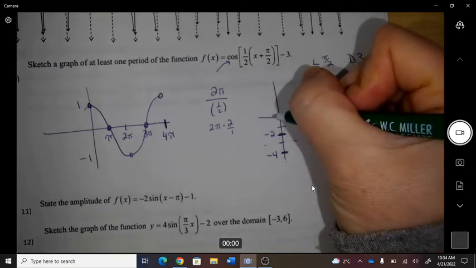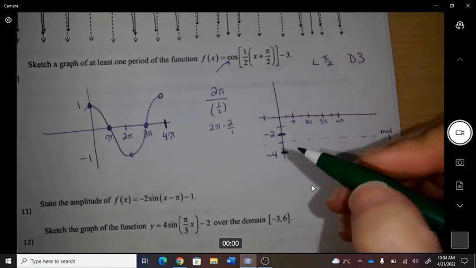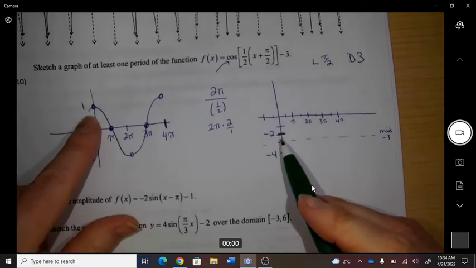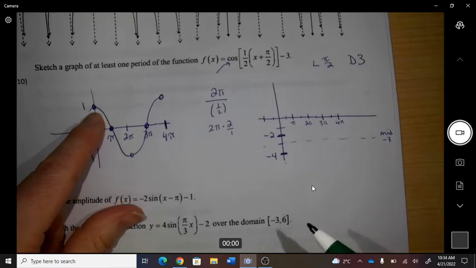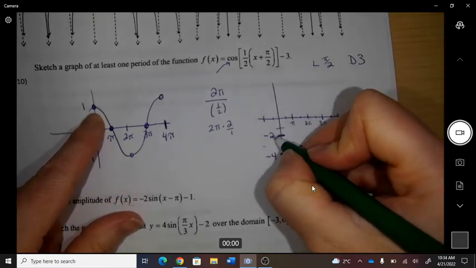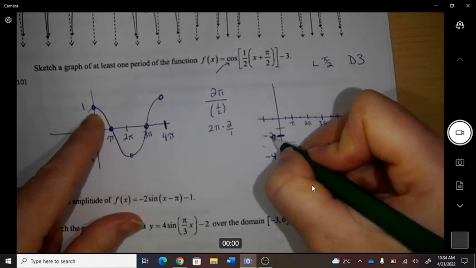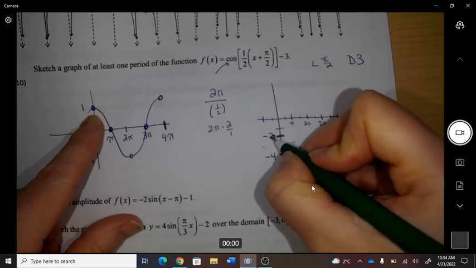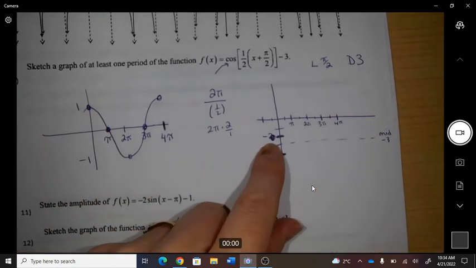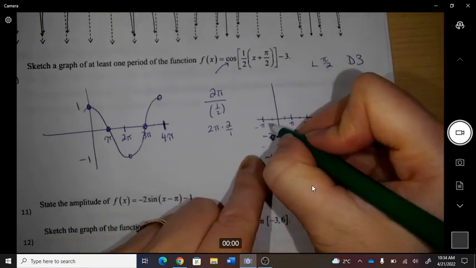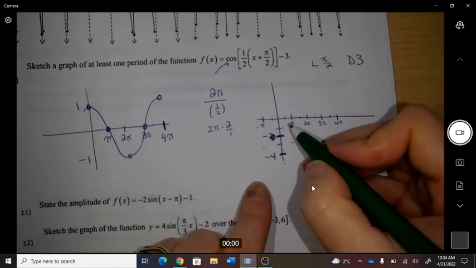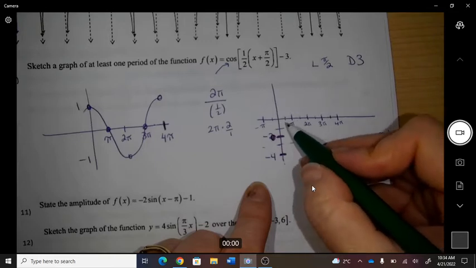So I'm going left. So this top point, I'm going to move the top point left. So it should be right here. See how I only moved it a half? So all your points will fall in line with halfway marks.